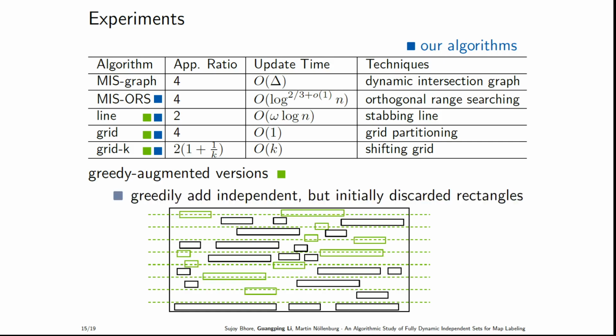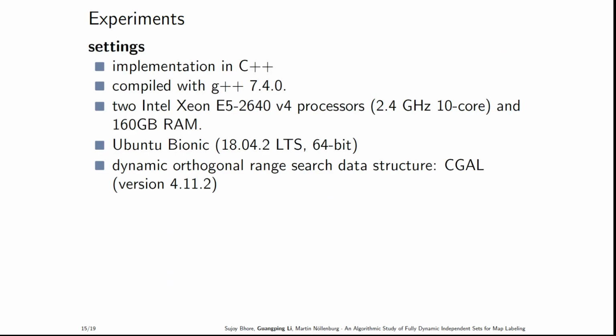So we implemented for these kinds of algorithms their greedy augmented variants by greedily adding independent but initially discarded rectangles. And in our experiment, adding this greedy optimization drastically improved the solution quality in all cases.